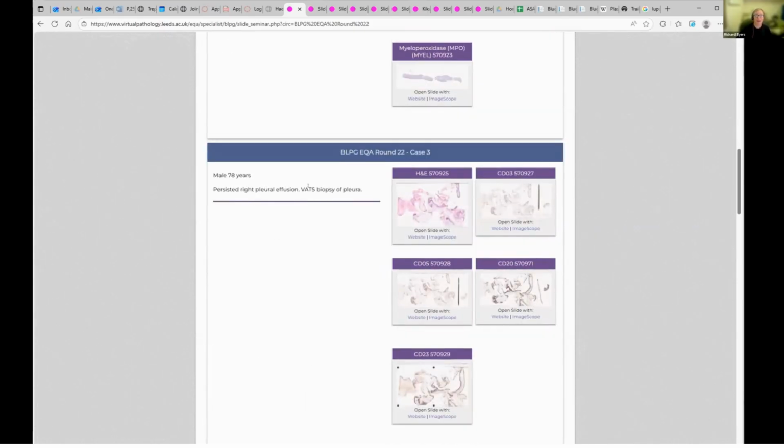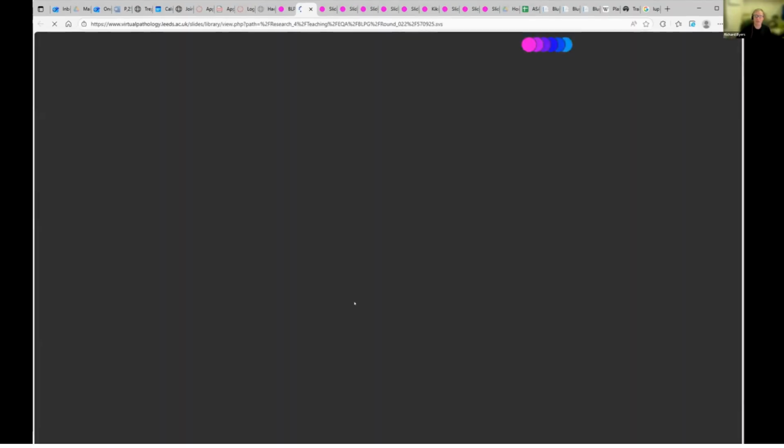So, 78-year-old. So this is a video-assisted thoracoscopic biopsy of pleura. He's got a persistent right-sided pleural effusion. So I have no idea what caused this effusion. Could be mesothelioma, could be carcinoma, metastatic carcinoma, but it's a persistent effusion, so they have taken a bit out.